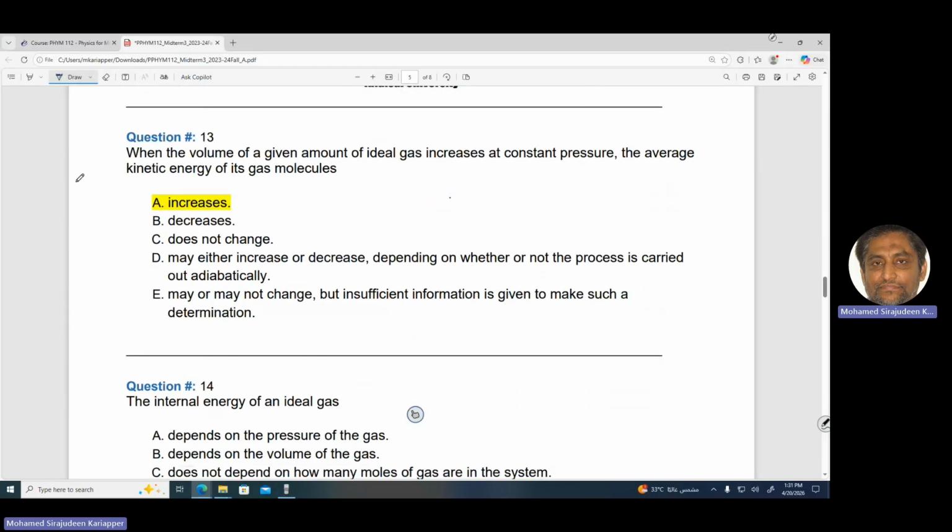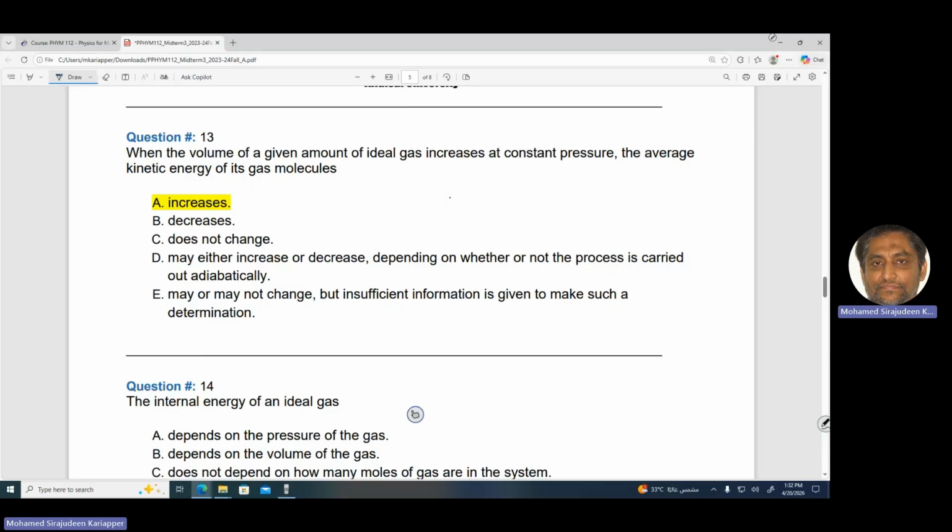Number 13. This is a statement question. We learned this in chapter 8, probably the last slide. Ideal gas: the average kinetic energy of the gas molecule, you know, the average kinetic energy is actually the internal energy, the U, that we proved at the end.